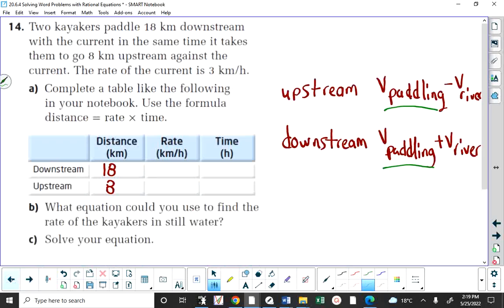That's what makes this one different. I don't put x in here. This is speed. What I put is x plus 3 and x minus 3. So what I'm saying here, everybody, is that x is the speed of the paddling, which we're trying to find.